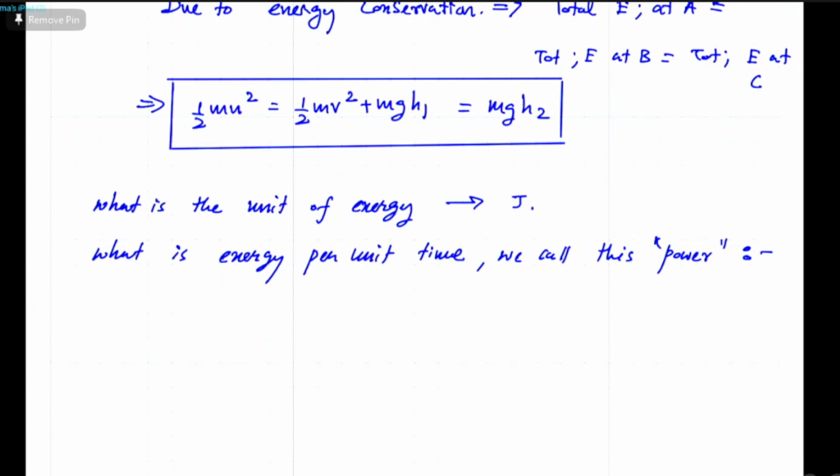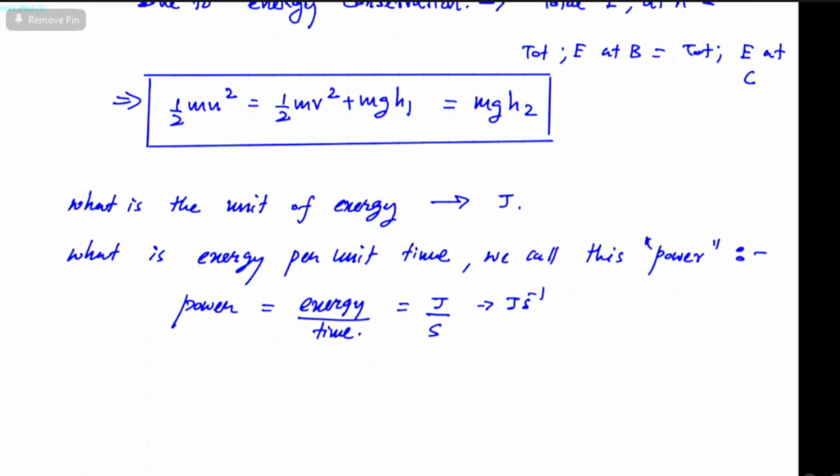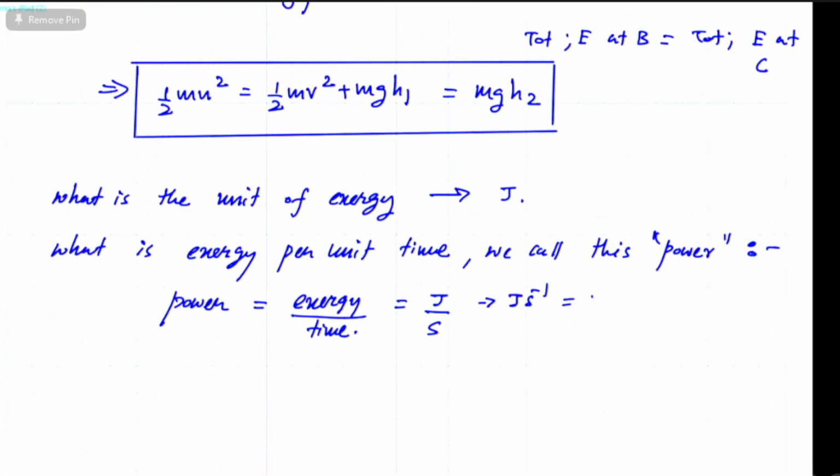Energy per unit time means energy divided by time. This is called power. Energy is joule, this is second, so this will be joule per second. Joule per second is nothing but 1 joule per second is 1 watt. So power is measured in watt.